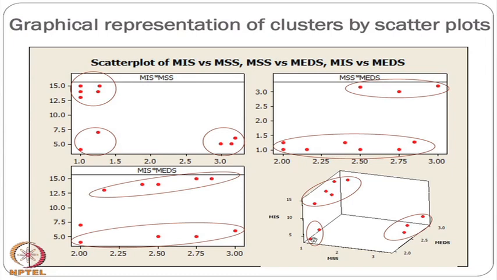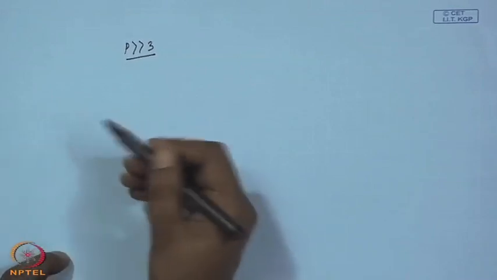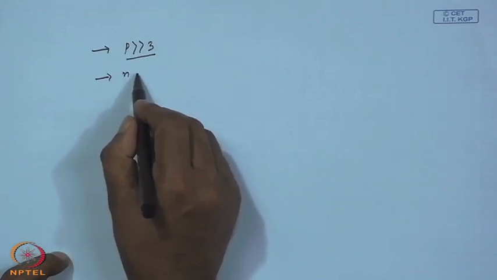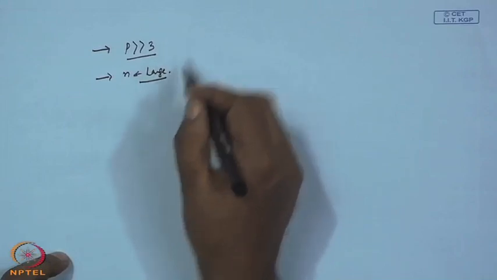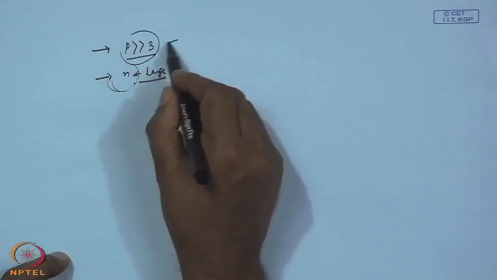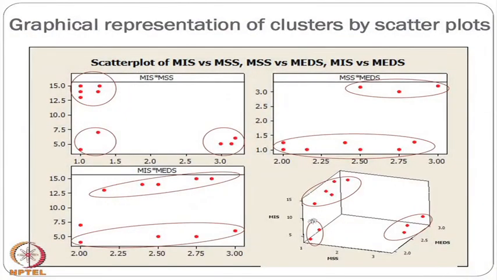Now, the question comes when there are more than three variables. So your number of variables is much greater than three, and this is the dimension. Similarly, n will definitely be large. Here we are grouping based on key features, but if the number becomes large, this type of simple plot you cannot make, because even the three-dimensional case is difficult.